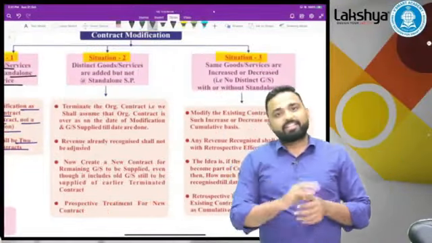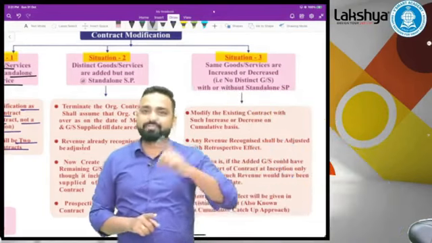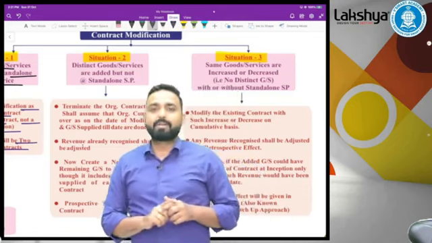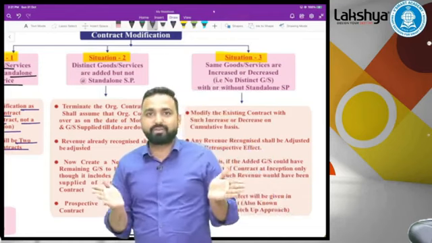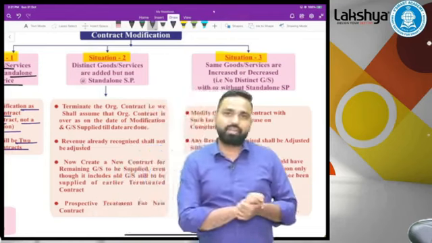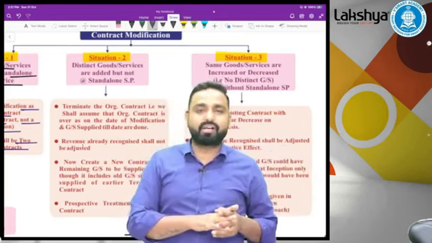Simple. Take the same example. Original contract of supplying 50 laptops, with delivery to be made in two installments, 25 laptops first and then 25 laptops. Suppose I have delivered the first 25 laptops to my customer.